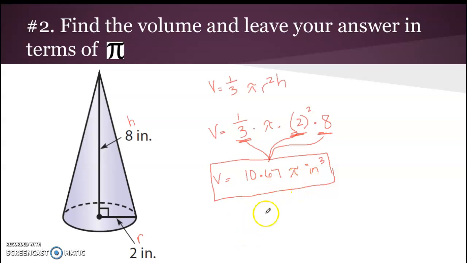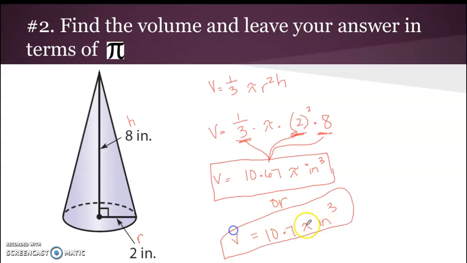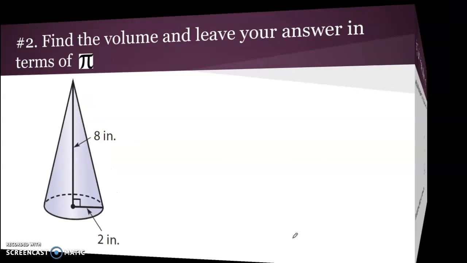If you had written 10.7 pi inches cubed, that would have been okay as well. In terms of pi just means that there needs to be a pi in here. Most of the time, the number before it is normally a whole number. But like you guys know, I make this up as we go along.